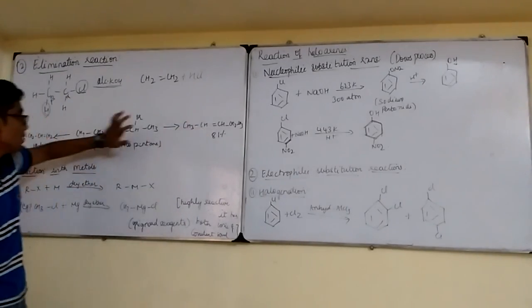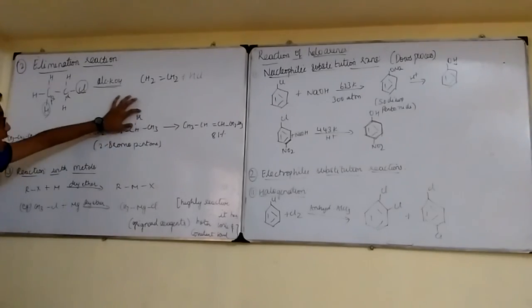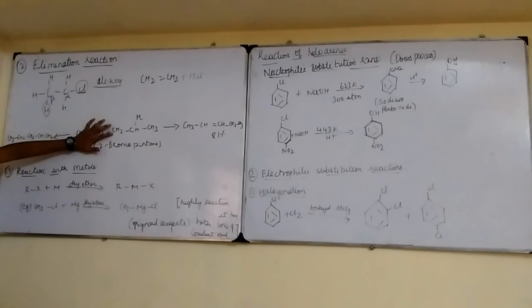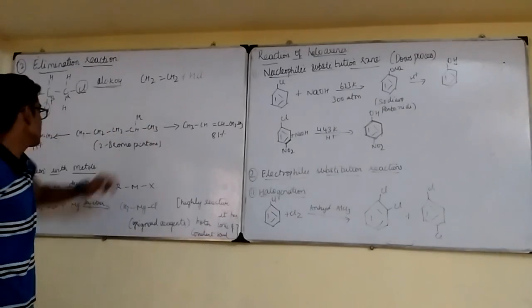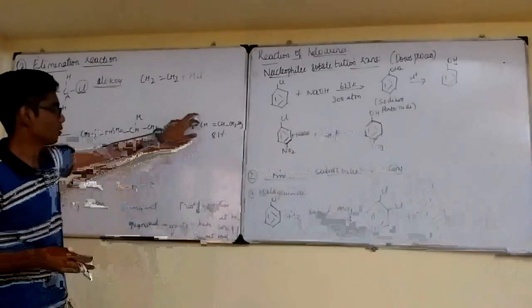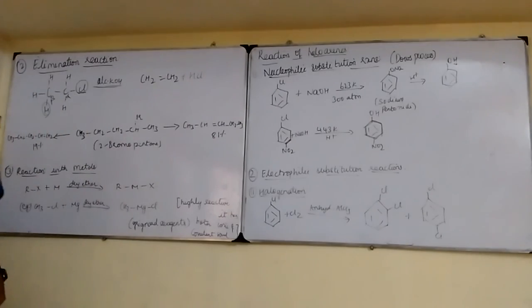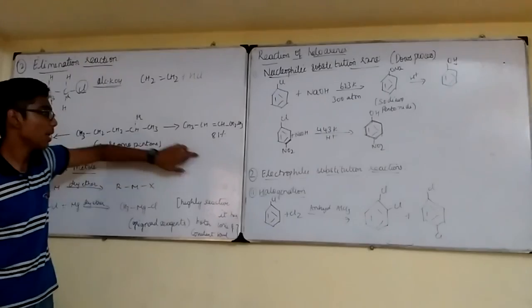Similarly, when you consider this as the beta carbon, bromine from this carbon atom will go, and one hydrogen from this carbon atom will go, resulting in the formation of CH3 CH double bond CH single bond CH2 CH3. So, this is going to be the major product.